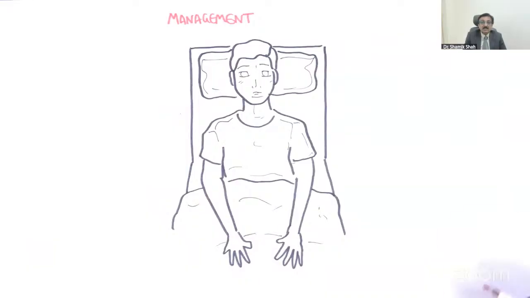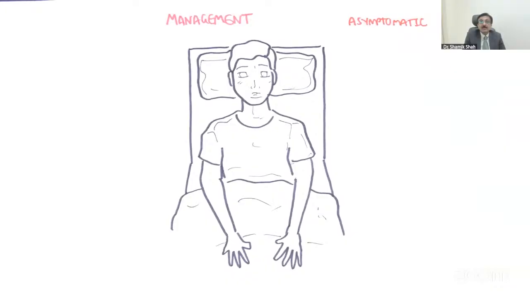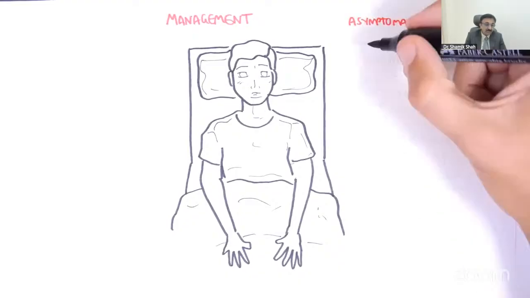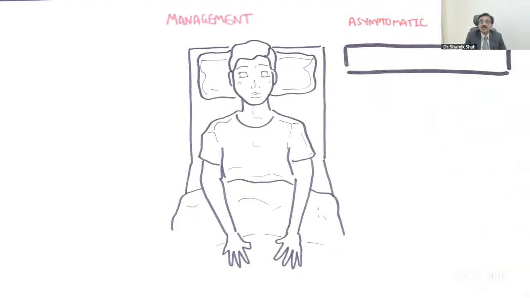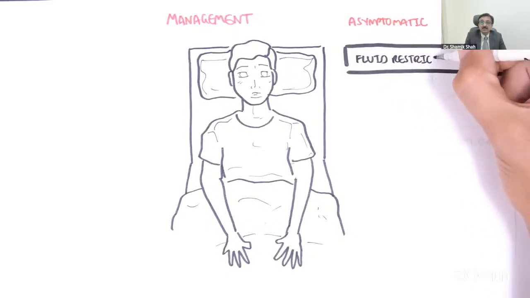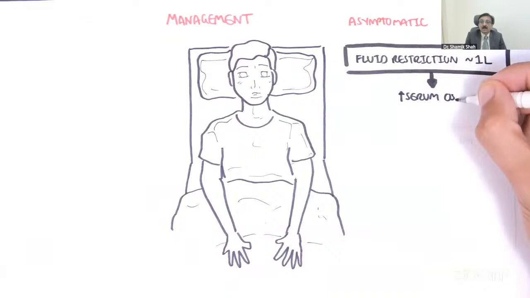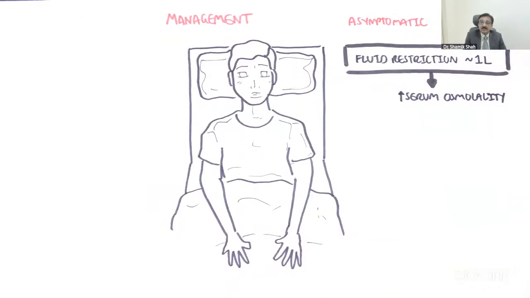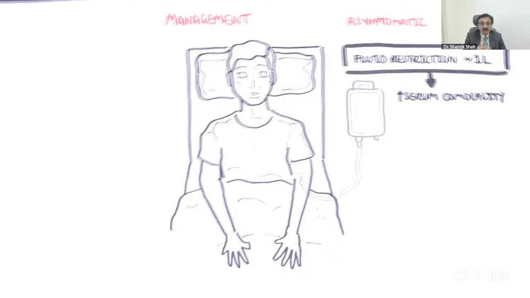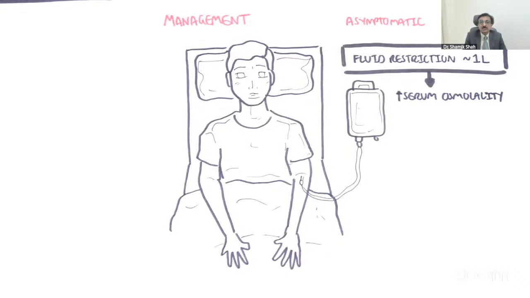How will we manage these patients? If the patient is asymptomatic and the serum sodium level is not very dangerously low, usually nothing else is required other than fluid restriction. And when we restrict the fluid and measure the serum osmolality, we will see that the sodium level rises and the serum osmolality also gradually improves.